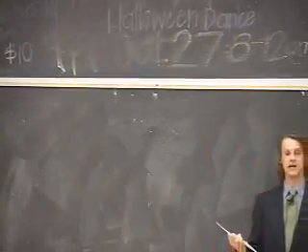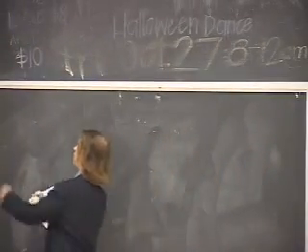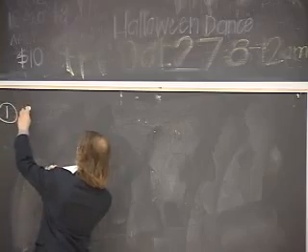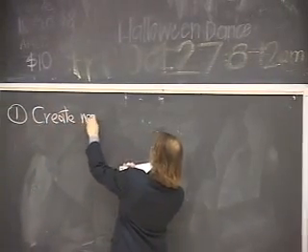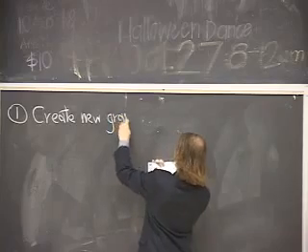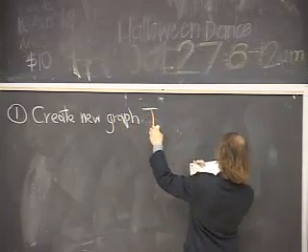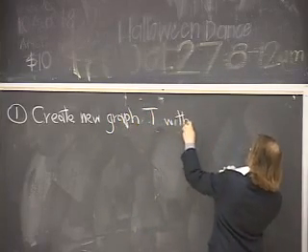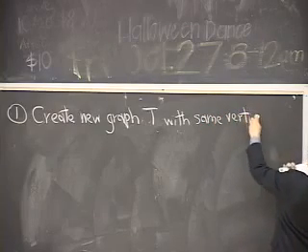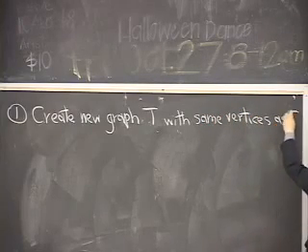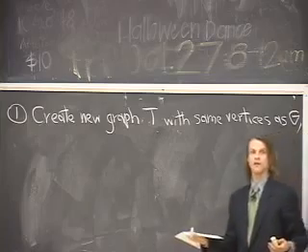So here's Kruskal's algorithm. It computes the minimum spanning tree as follows. We start by creating a new graph with the same vertices as G, but when we start off, there are no edges.